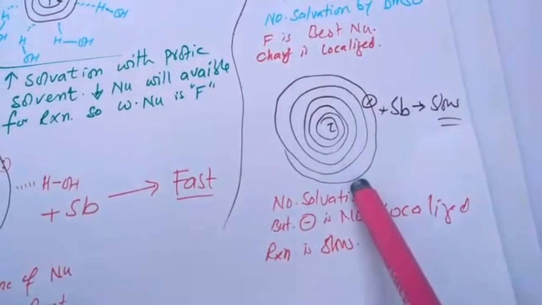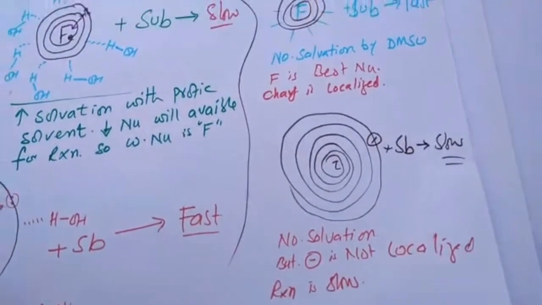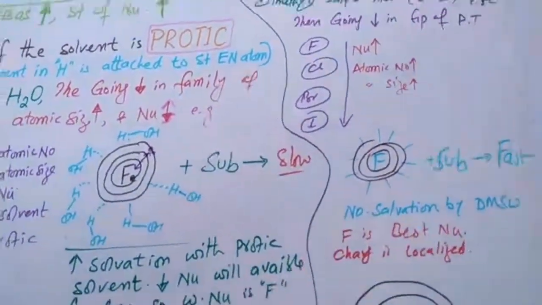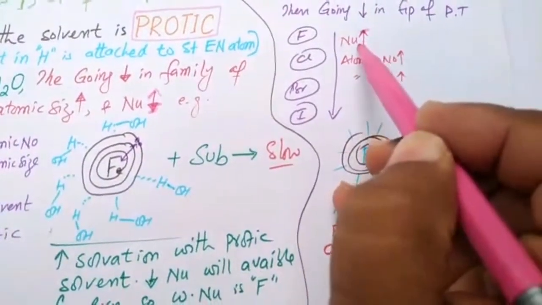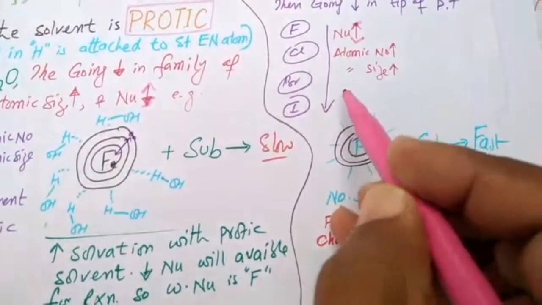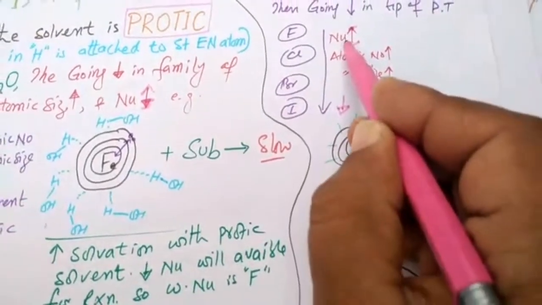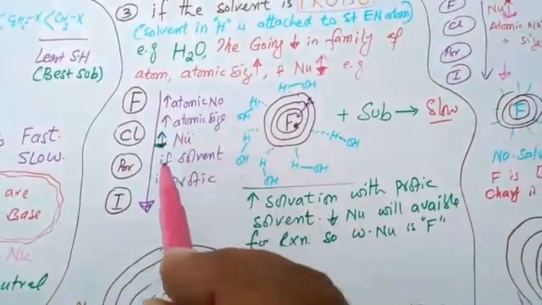So this is not a bad nucleophile, but it is a weak nucleophile. That's why going down, in this case this is the best nucleophile and this is the weakest nucleophile. Nucleophilicity will decrease, and here nucleophilicity will increase. Thank you.